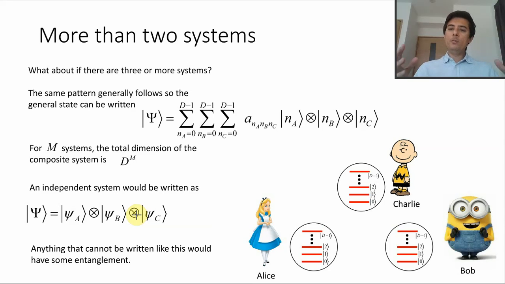But for more than two or three systems, it gets very complicated because there are different types of entanglement, and people try to classify different types of entanglement and quantify how much there is, and so forth. That's some of the research that I am also involved in, but that's ongoing as a community.